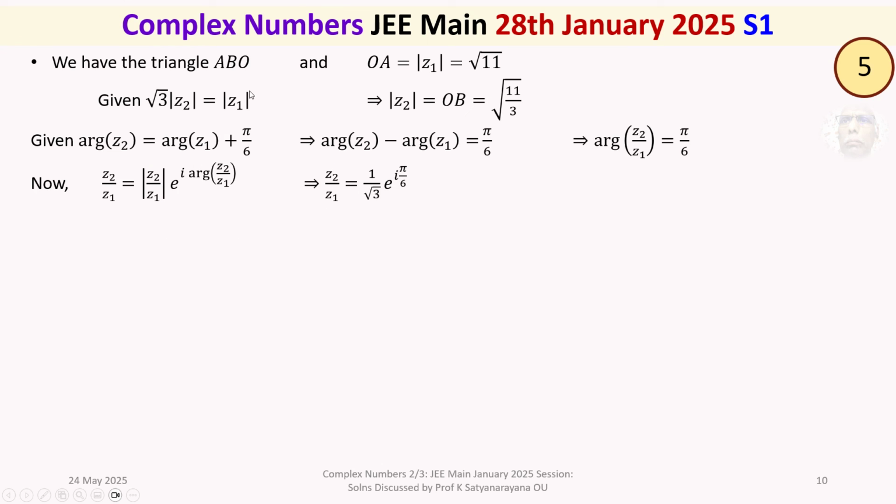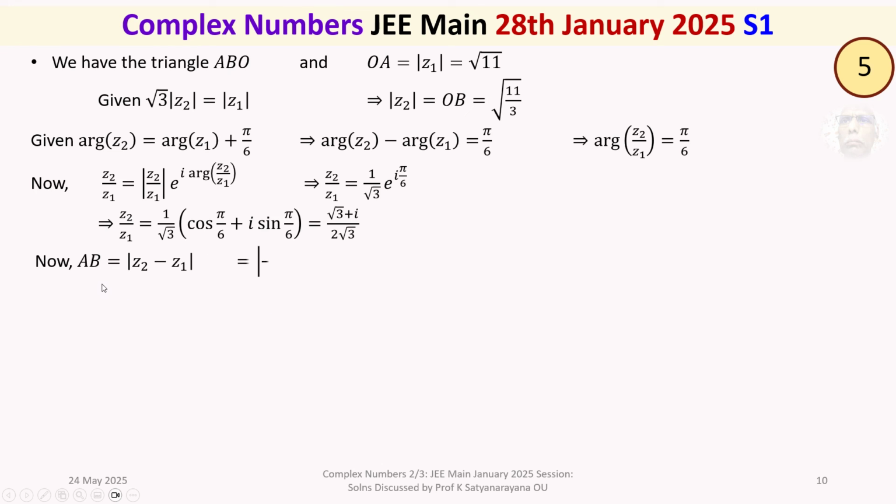Modulus of Z2 by Z1 is 1 by root 3, so Z2 by Z1 is equal to 1 by root 3 into e to the power of i pi by 6, which is cos pi by 6 plus i sin pi by 6. We put the values: cos pi by 6 is root 3 by 2, and sin pi by 6 is 1 by 2. That is root 3 plus i by 2, and there is a 1 by root 3 already, so Z2 by Z1 is root 3 plus i by 2 root 3.